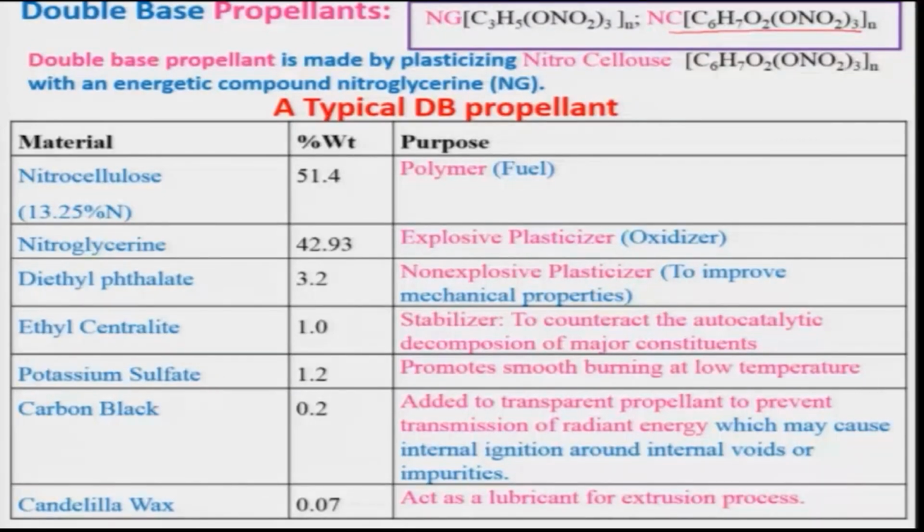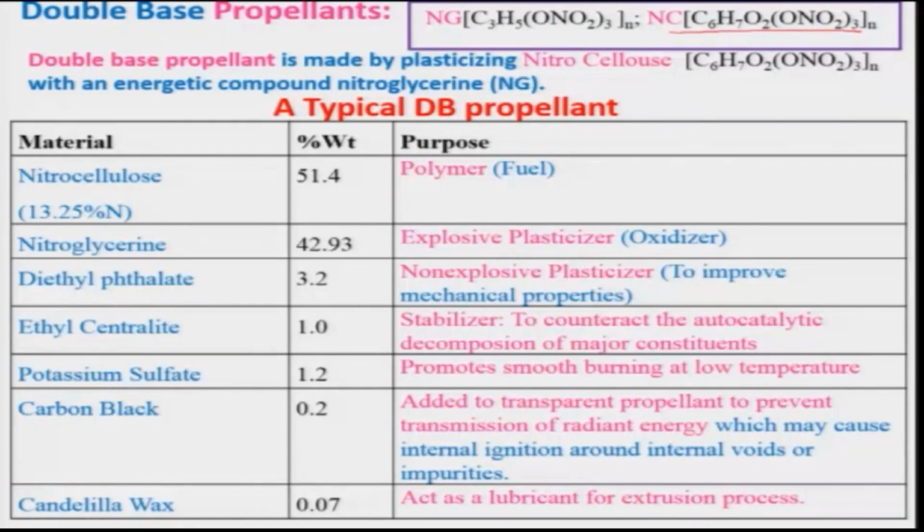Besides this, a very negligible amount of candelilla wax is used, around 0.07%. It acts as a lubricant, particularly during the extrusion process, which is used to form the grain of various shapes.